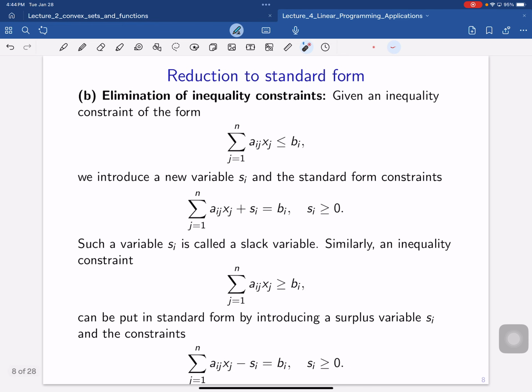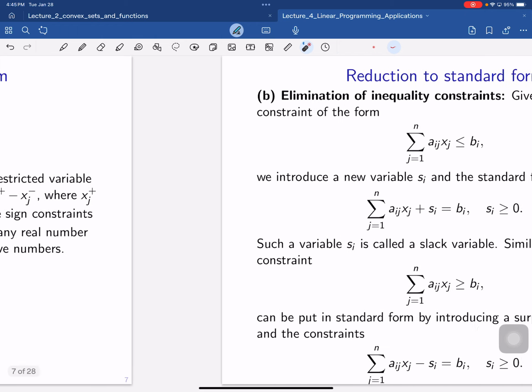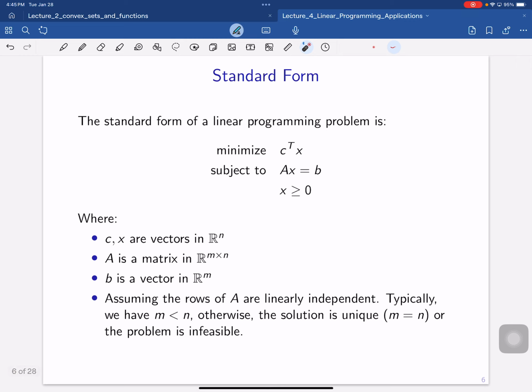Okay. Now, the other thing you want to think about is eliminating the inequality constraints. If a constraint is written as A transpose x less than or equal to b, or A transpose x greater than or equal to b, you want to convert it to an equality constraint. Remember, in the standard form, the only inequality constraints are x greater than or equal to 0.